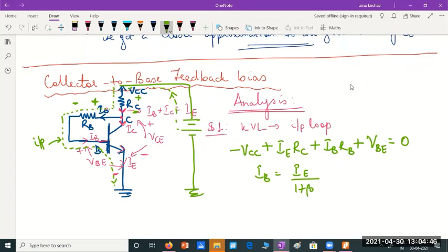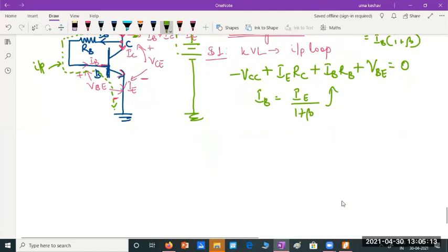We know IE is IB plus IC, which is IB plus beta IB, which is nothing but IB into 1 plus beta. Therefore, if IE is IB into 1 plus beta, IB will be emitter current by 1 plus beta. We'll substitute this in this equation and see what we'll get.